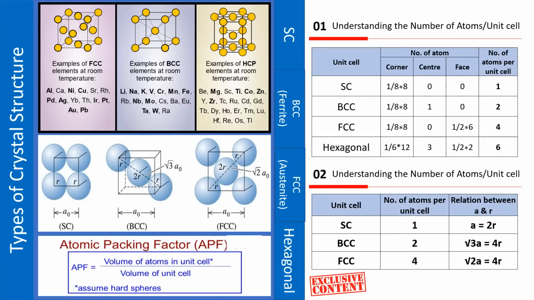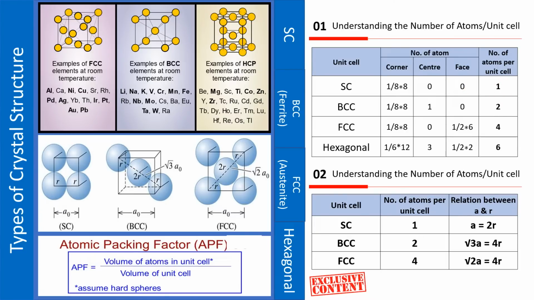That is why each atom contributes 1/8 to a single cell. That means if any atom is there, 1/8 of that portion is inside this cell, and the rest is outside. We have 8 corners, so in simple cubic we have 1/8 into 8, which is only one atom per cell.